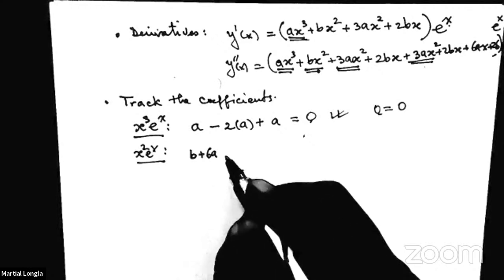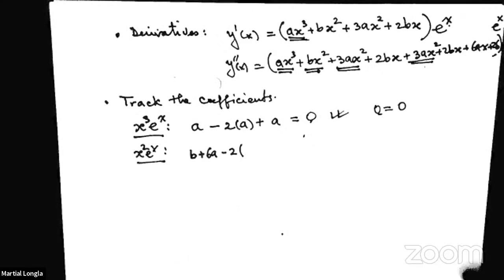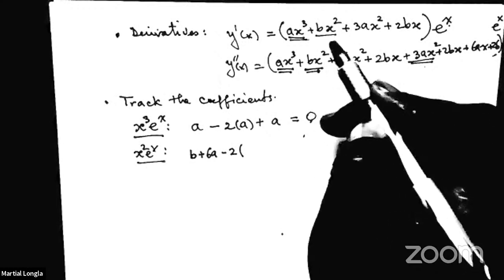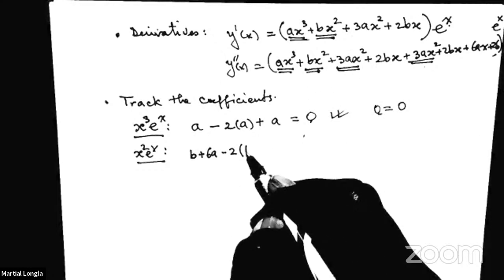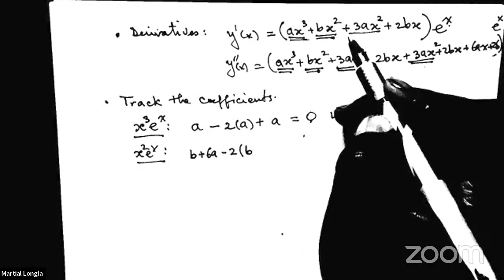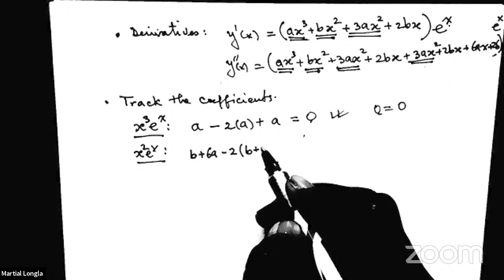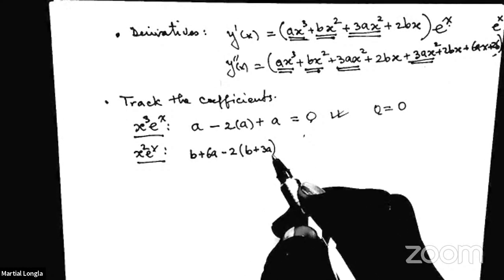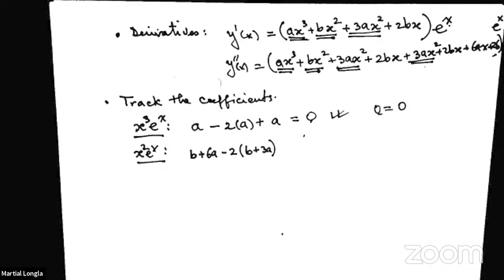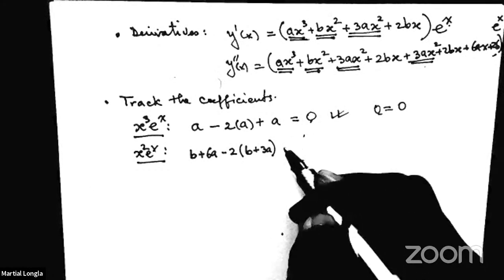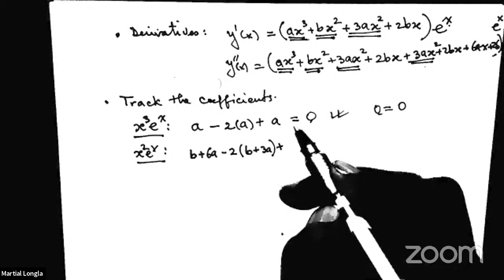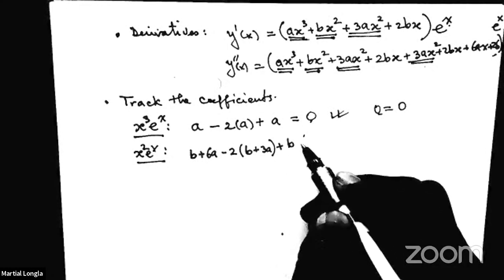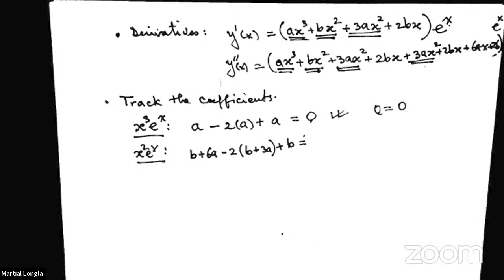So we move on to the first derivative. X squared, that is b. That's another x squared plus 3a. Then plus the original function, x squared, the original function has coefficient b. And on the right-hand side of the equation, we just have x e to the x.